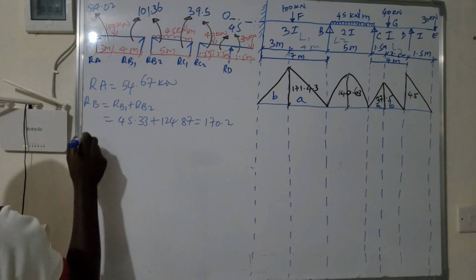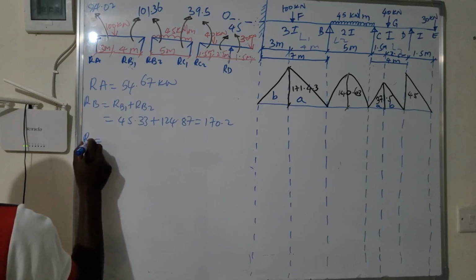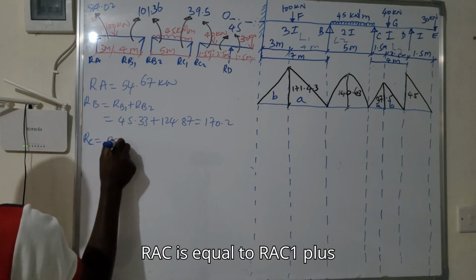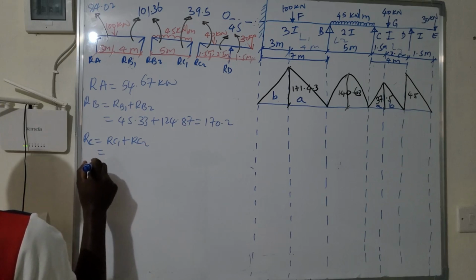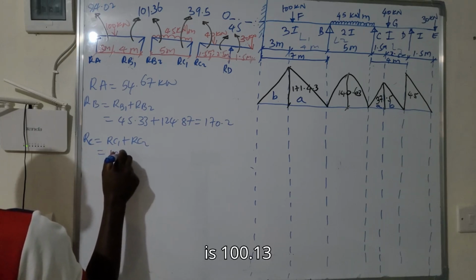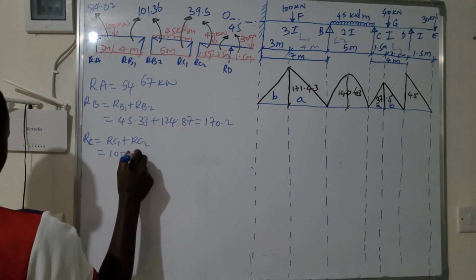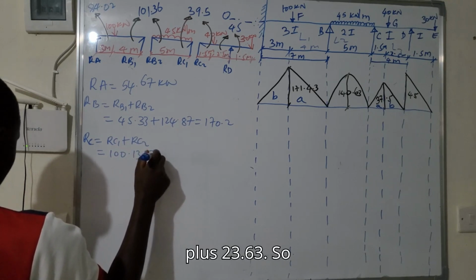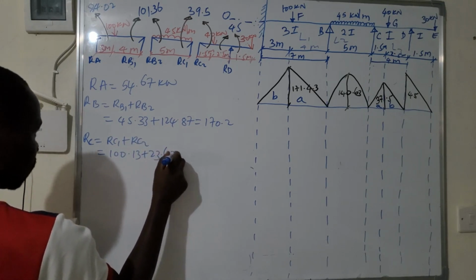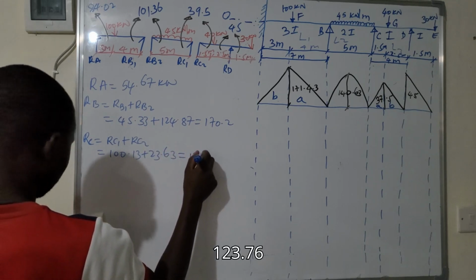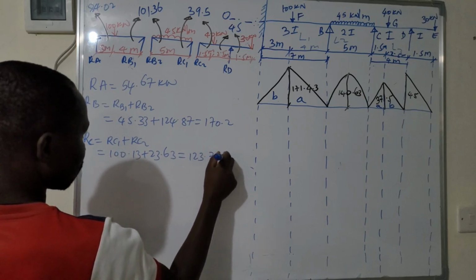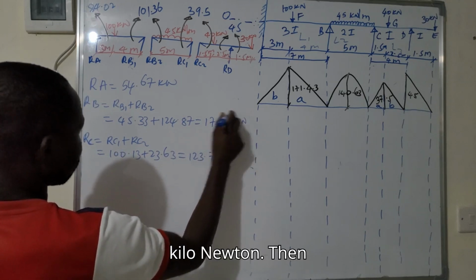And then RC is equal to RC1 plus RC2. So this one is 100.13 plus 23.63. So this one is equal to 123.76 kilonewton.